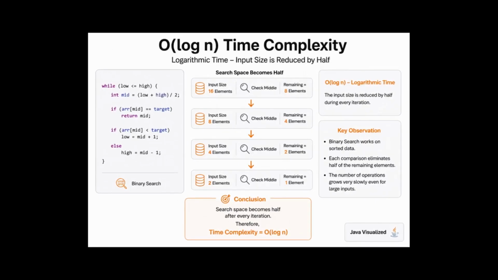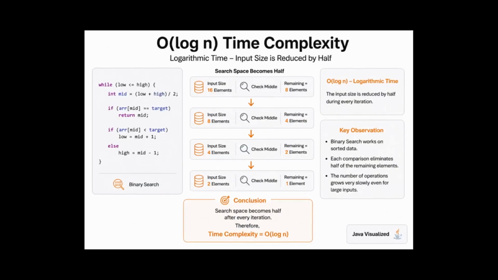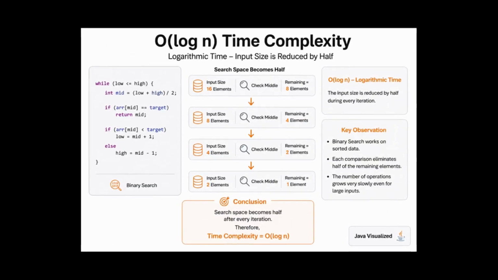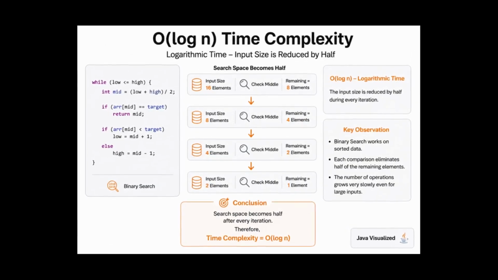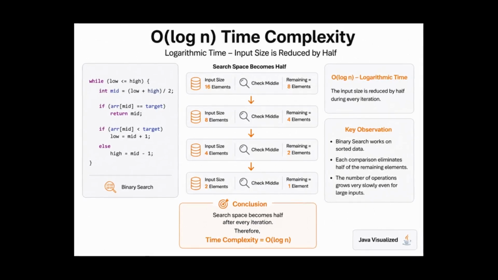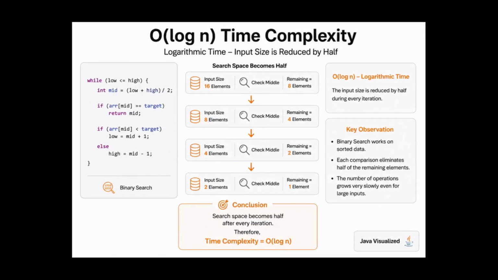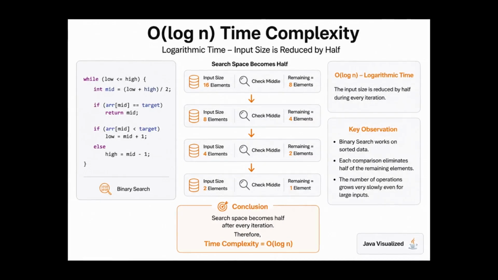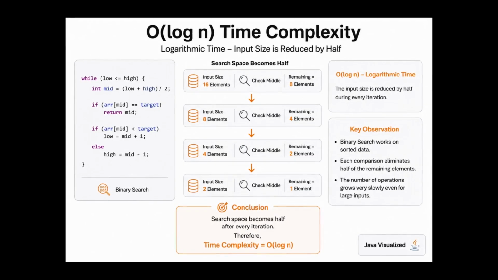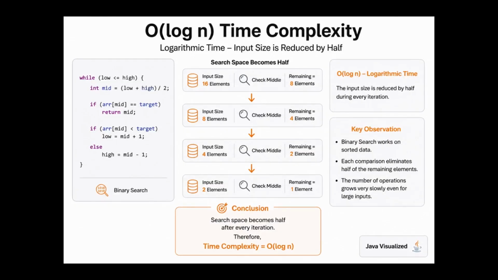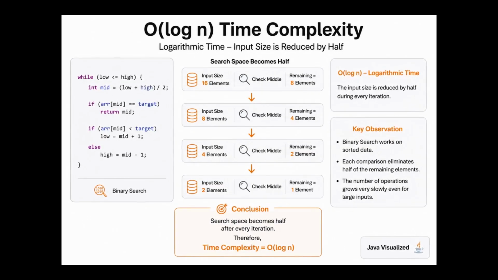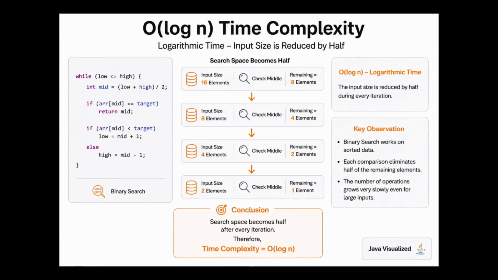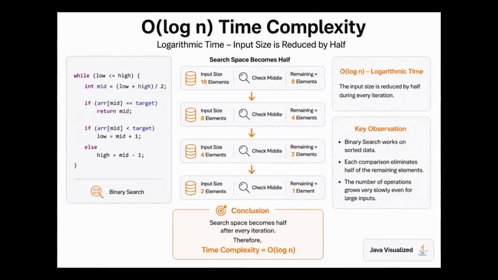Now let's understand O of log n, also known as logarithmic time. An algorithm has O of log n time complexity when it reduces the input size by half during every iteration. A classic example is binary search. Instead of checking every element one by one, it compares the middle element and immediately eliminates half of the remaining search space.